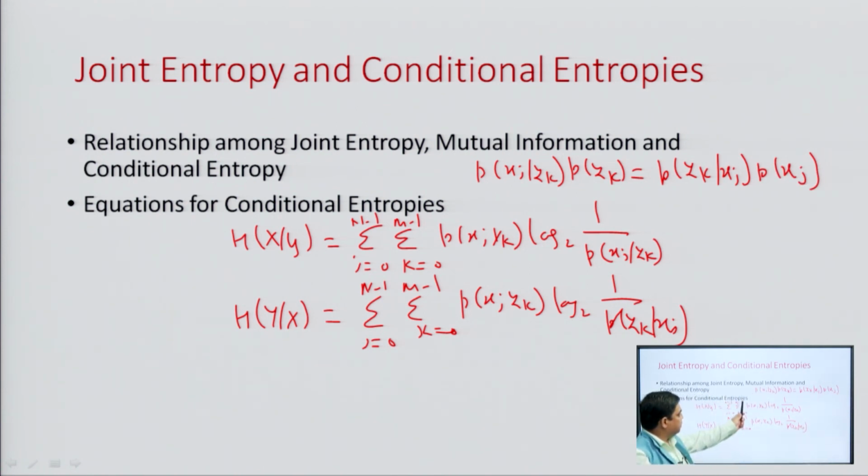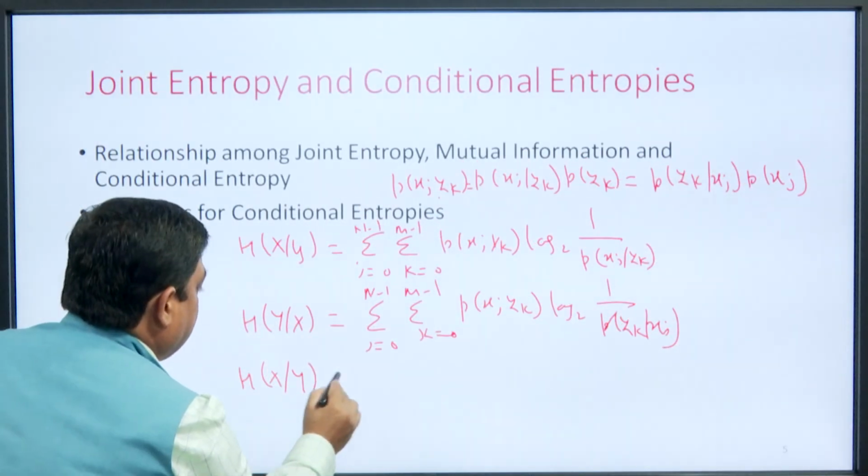From this we can write p(x_j | y_k) equals this one divided by p(y_k), or p(y_k | x_j) equals this one divided by p(x_j), or joint probability p(x_j, y_k) equals this one. Then p(x_j | y_k) equals joint probability p(x_j, y_k) divided by p(y_k).